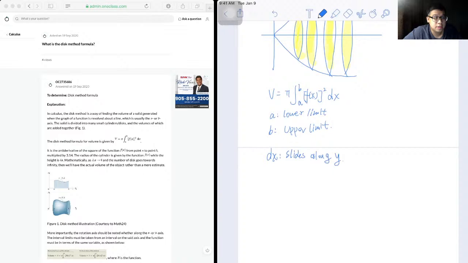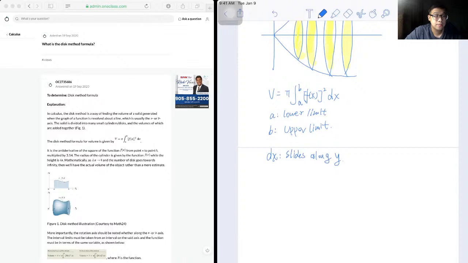And the radius of the cylinder is given by the function f(x), where the height is dx, and mathematically, as delta x approaches 0, and the number of disks goes towards infinity, then we'll have the actual volume of the object rather than a mere estimate. Right.